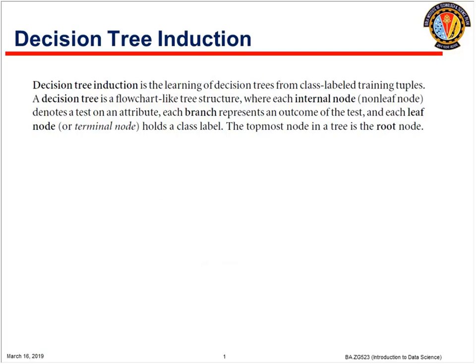These are definitions that you can find in the reference book for decision tree induction, that is, how to create the decision tree. As mentioned here, it is like a flow chart. At each node you make certain decisions, and based upon the output of that decision, you make the next decision.